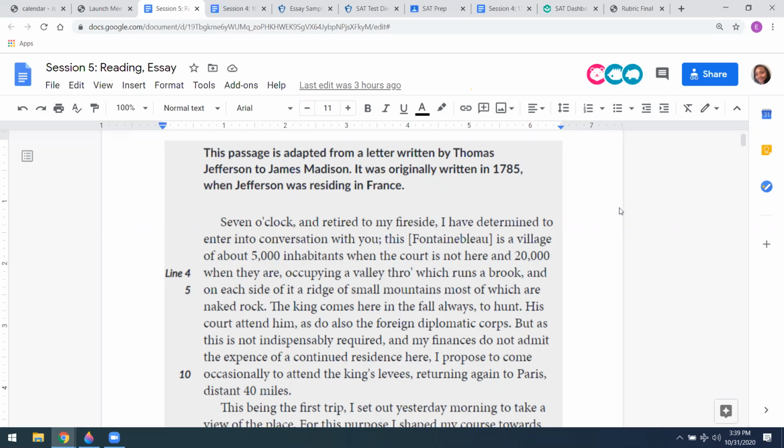The king comes here in the fall always to hunt. His court attend him, as do also the foreign diplomatic corps. But as this is not indispensably required, and my finances do not admit the expense of a continued residence here, I propose to come occasionally to attend the king's leaves, returning again to Paris, distant 40 miles.